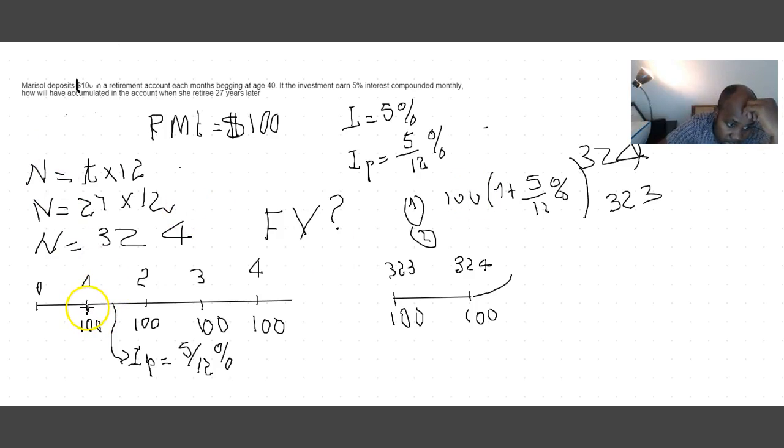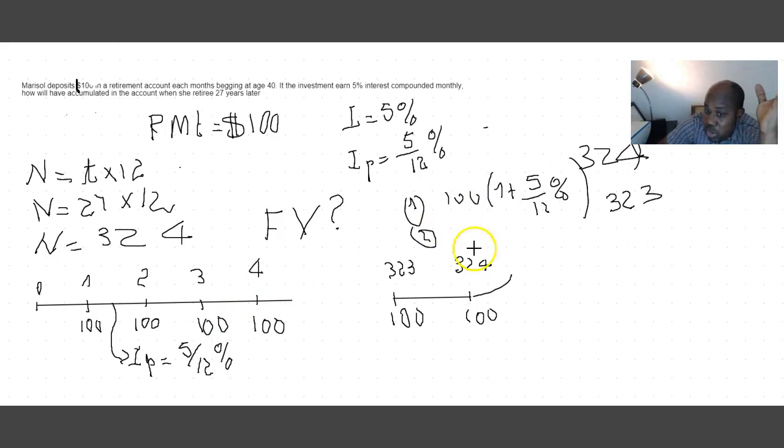The interest is compounded for the first deposit for 324 periods. The second deposit is not the same number of periods, it's 323. The third deposit is 322.